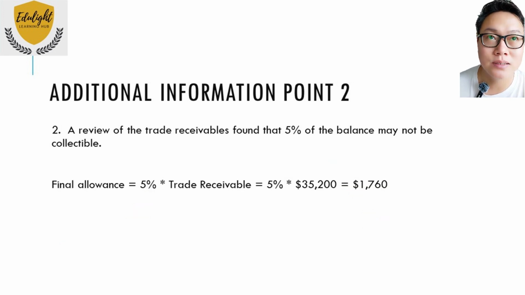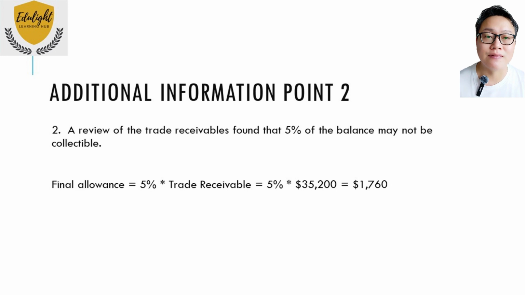Okay, so now let's move on first. Let's calculate out the final allowance. Based on the question, it was stated that 5% of the trade receivable balance may not be collectible. So I will need to calculate out what is the final allowance based on the percentage, which is 5% times trade receivable, equals 5% times 35,200 based on the question.